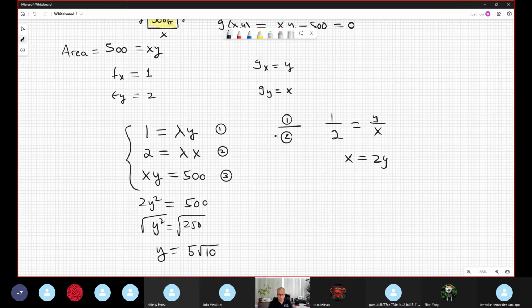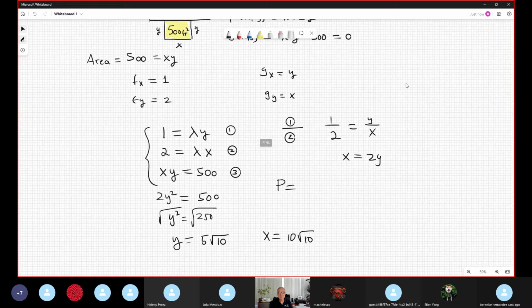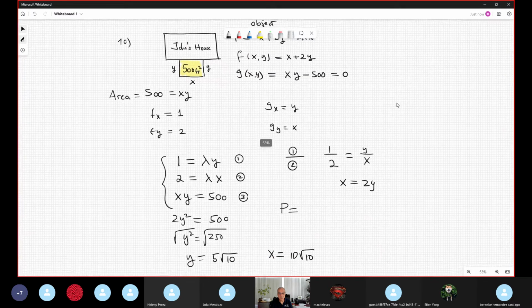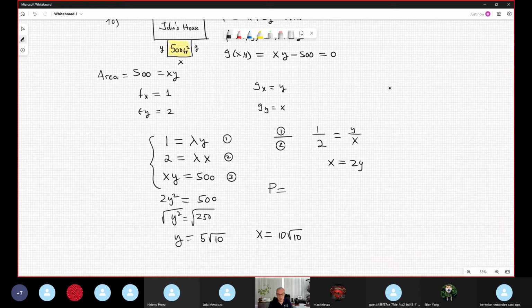Well, entonces x es twice y, so 10 radical 10. Okay. This is the dimension, and the perimeter, que es the function that I want to minimize, is x plus 2y. So multiplication by 2 of 5 radical 10 is 10 radical 10, plus 10 radical 10 is 20 radical 10.